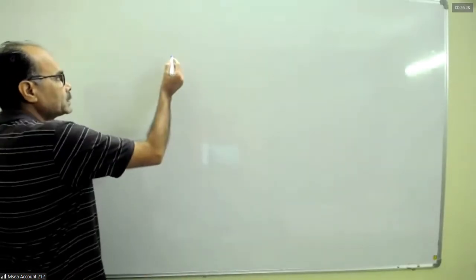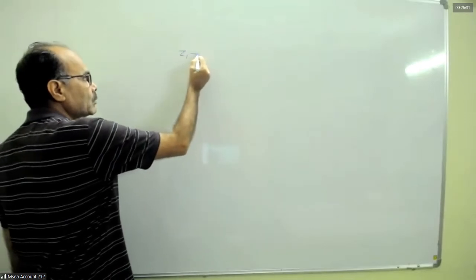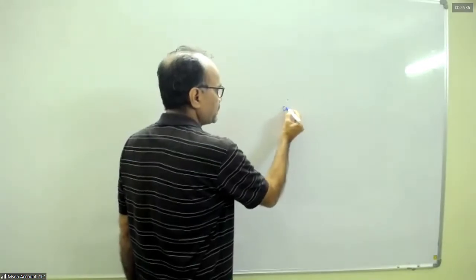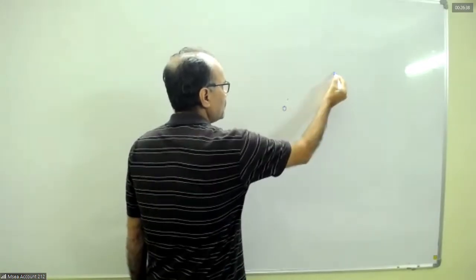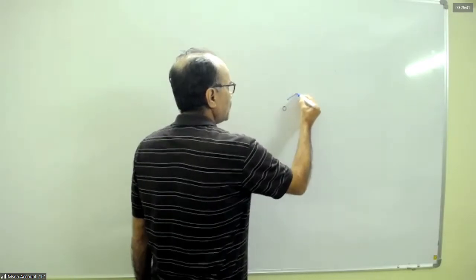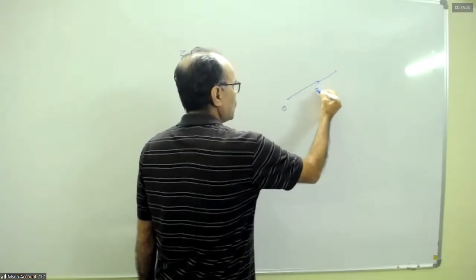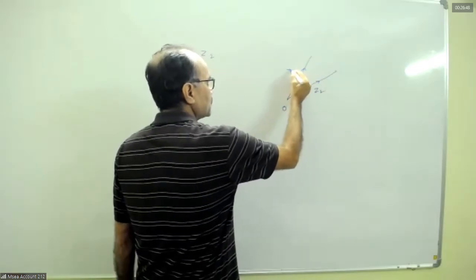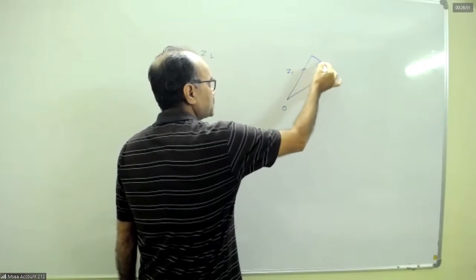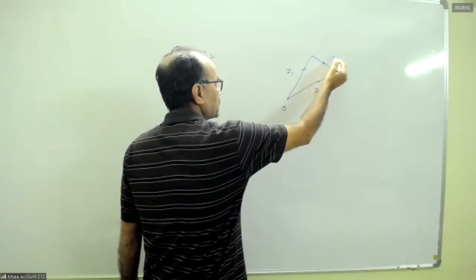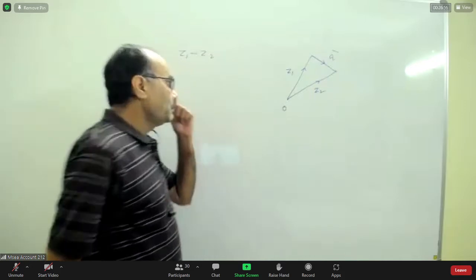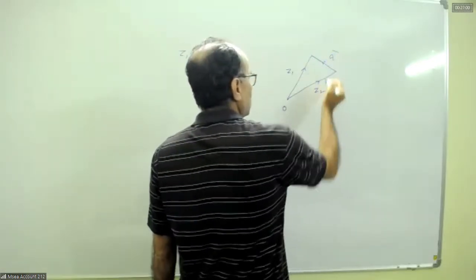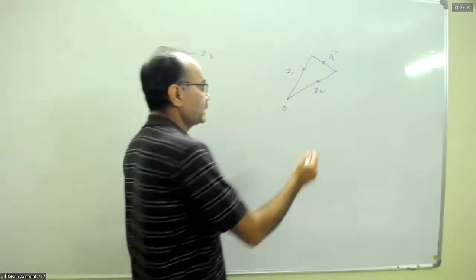Now, I told you what is the geometrical meaning of Z1 minus Z2. Suppose this is origin. This is Z2. Z2 is nothing but a position vector. Z1 minus Z2, suppose this is some A vector. So Z2 plus A is Z1.